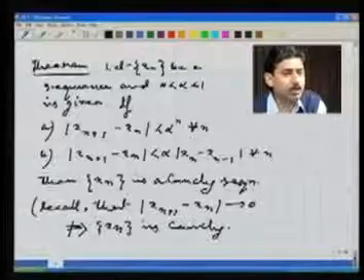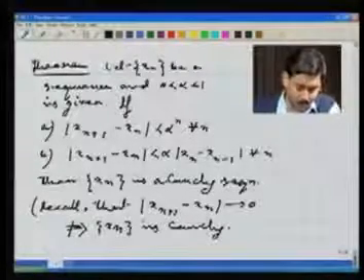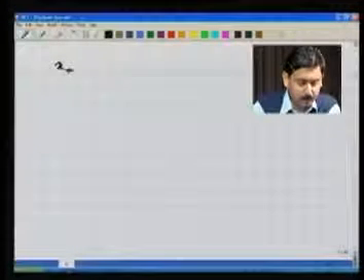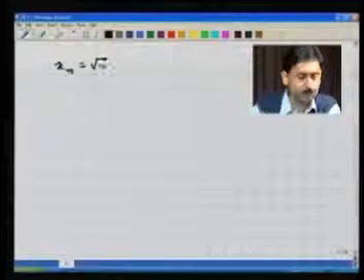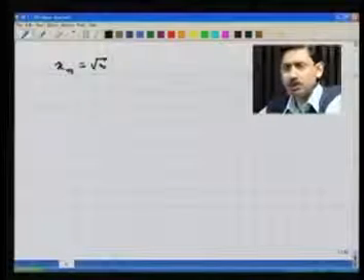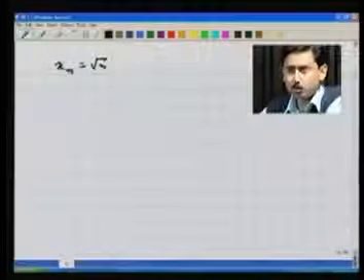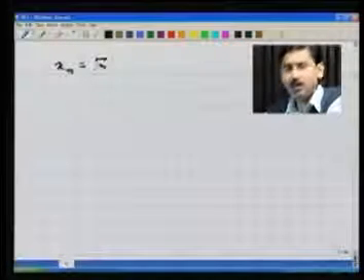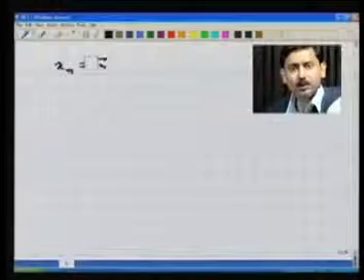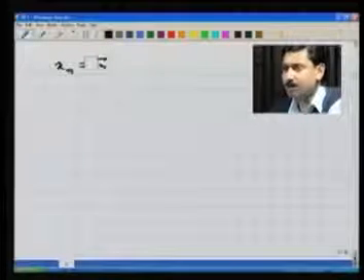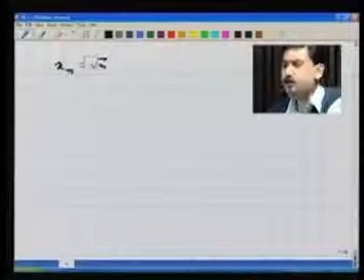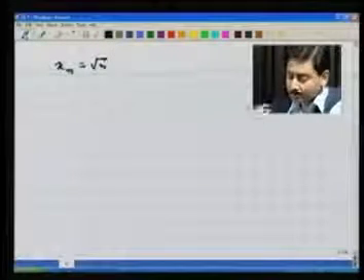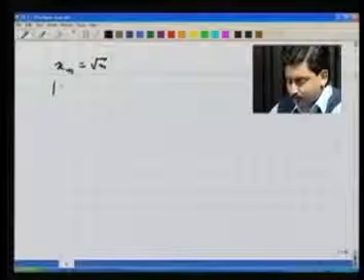Why so? Which example had I given? Well, the example was xn equals to root n. Why is xn not Cauchy? Because if it is Cauchy, then it has to converge. But this sequence xn is certainly unbounded and hence cannot converge, because if a sequence is convergent, it has to be bounded. This sequence is not bounded. That means it has to diverge. But we have checked that this is true.